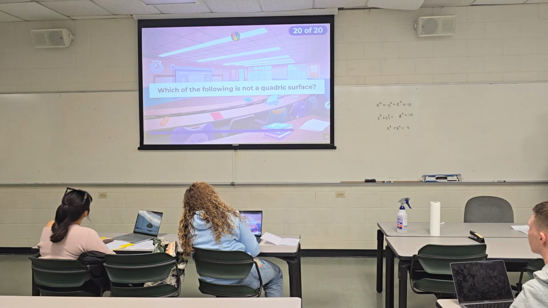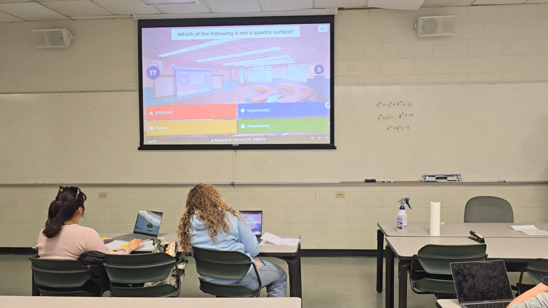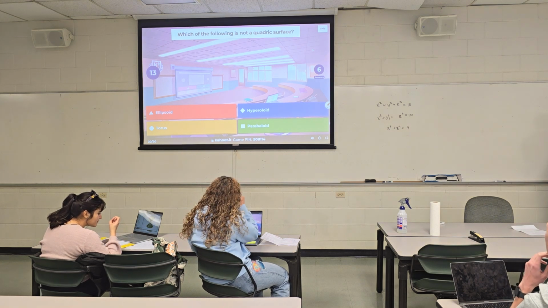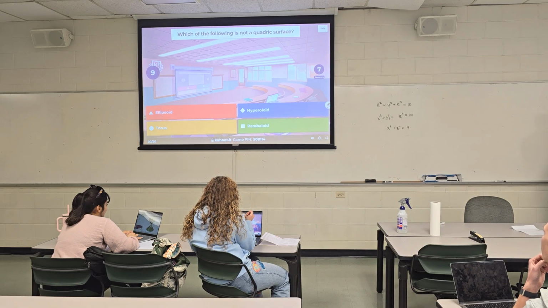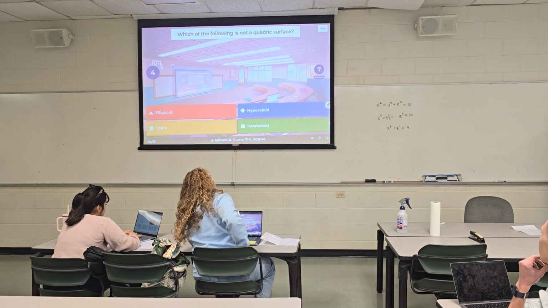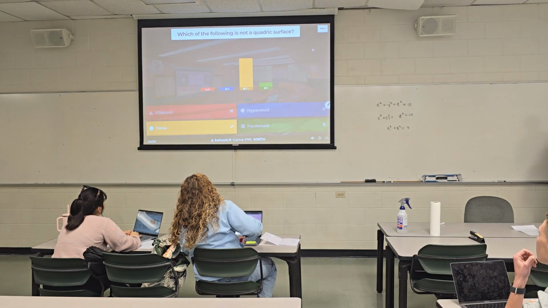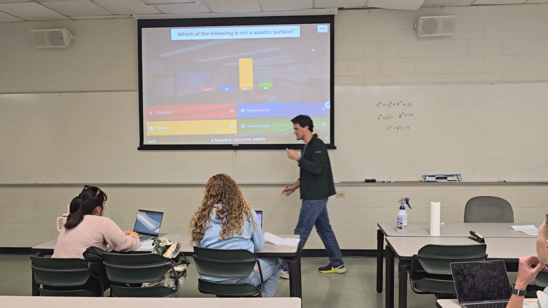It's not a quadratic surface. I don't know what that is. So the one that you don't know what it is, what is that? Just in case, does anyone know what a torus is?